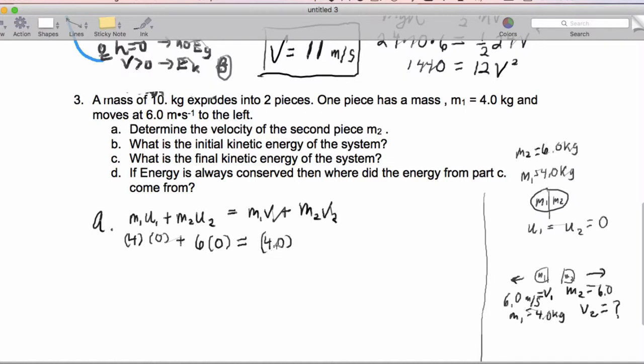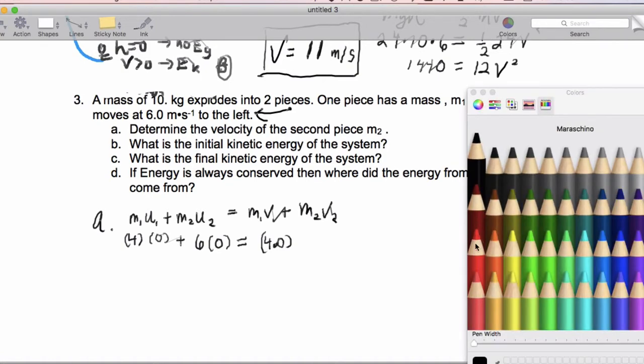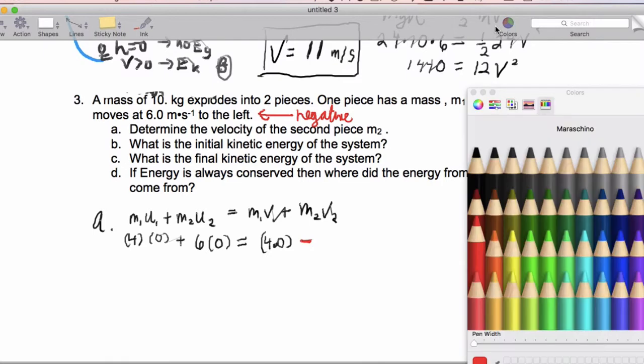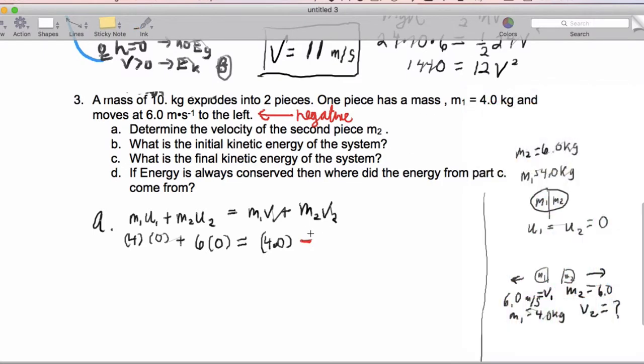Now here's what we're going to do. To the left is what we're going to consider negative. So we'll actually put that in our formula. So that'll be negative 6.0 equals 6 times V2.